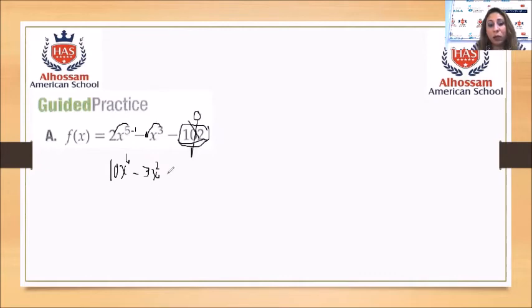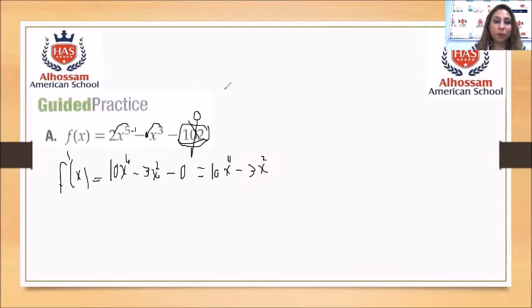So here it's minus 0. Okay, Fikri? Okay. So the final answer, thank you, Fikri, for the derivative of this one, it will be 10x power 4 minus 3x squared. Thank you, Fikri. You're welcome. Thank you, okay.